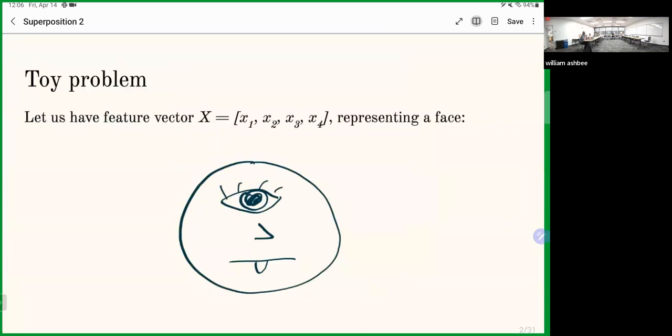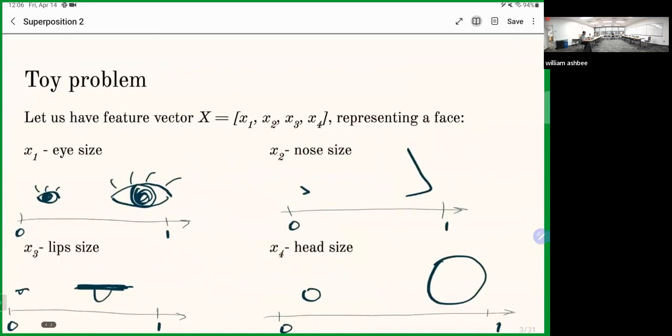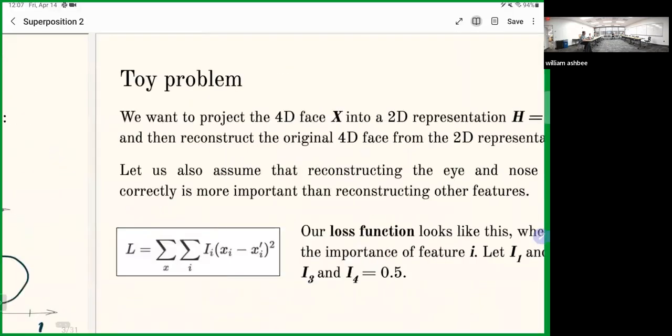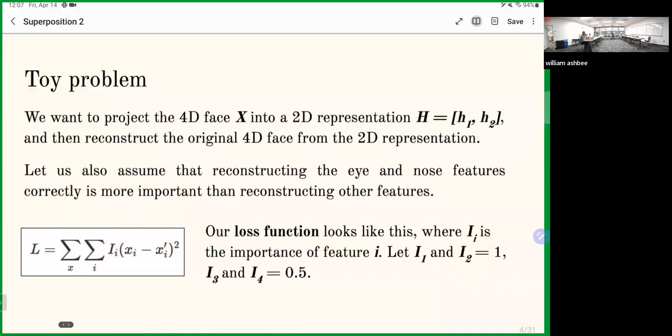Let's say we have a data set of faces, 4-dimensional faces, comprised of an eye, a nose, lips, and cat's eyes. So let's say we want to project this 4-dimensional face into 2 dimensions in a way that we can reconstruct the original face from the 2-dimensional representation.